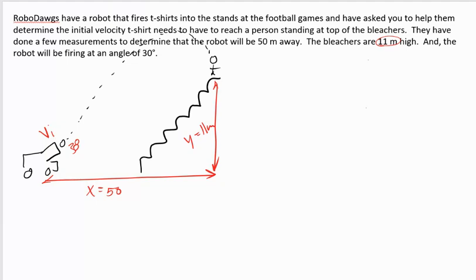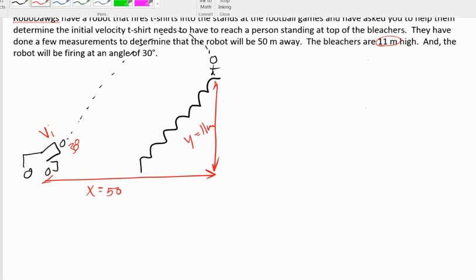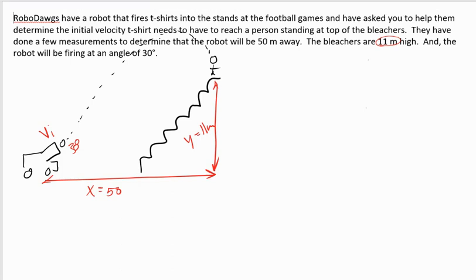So when I look at this, I think through, this is a 2D problem. So remember, all 2D problems are going to have two different problems, one in the X direction and one in the Y direction. So if I look in the X direction, I have X equals V_i T plus 1/2 A T squared. The acceleration in the X direction, remember, is 0, so that whole term cancels out. And then I can plug my values in.